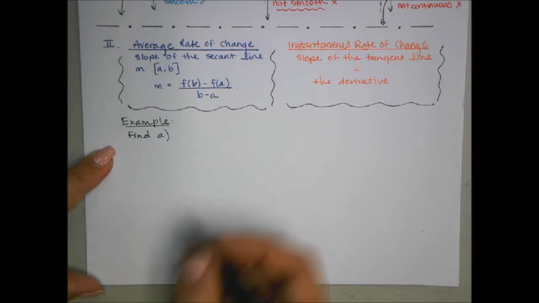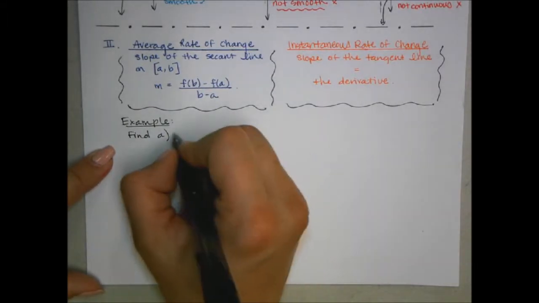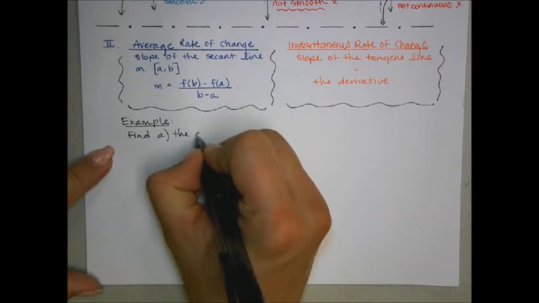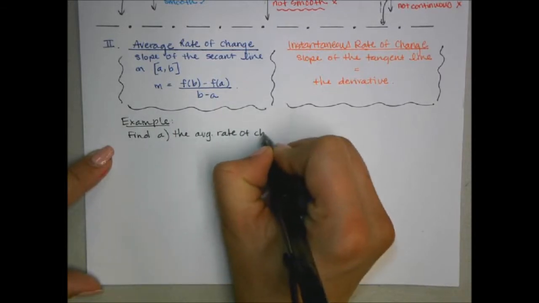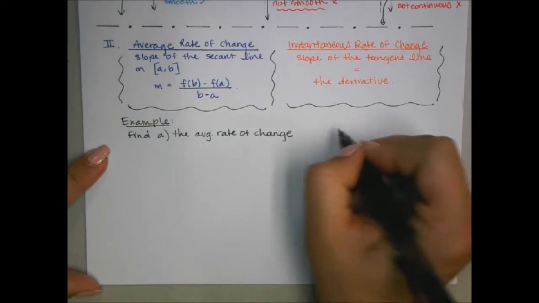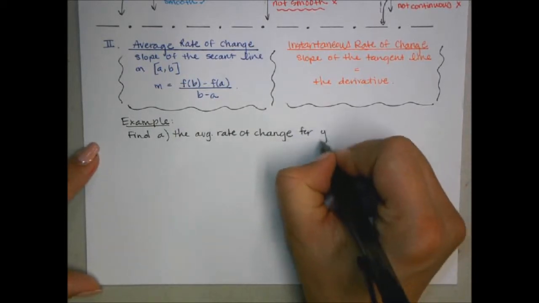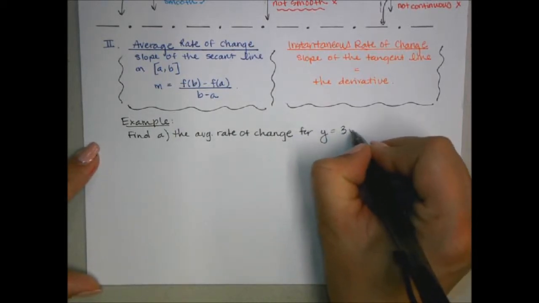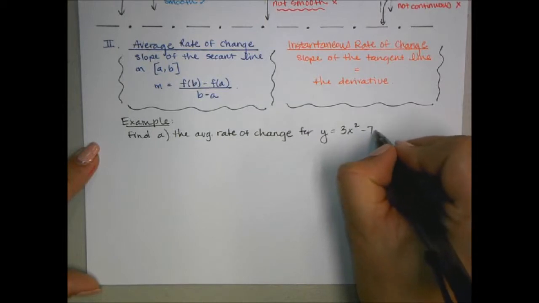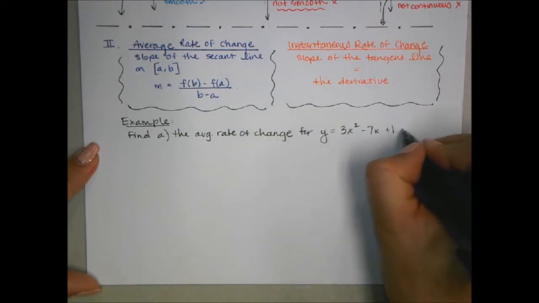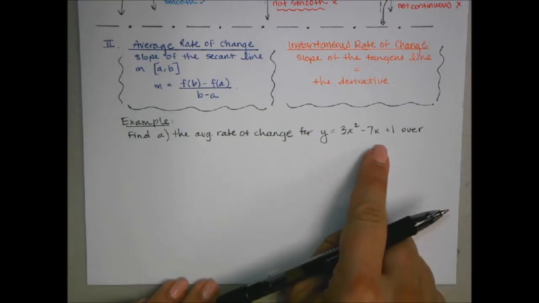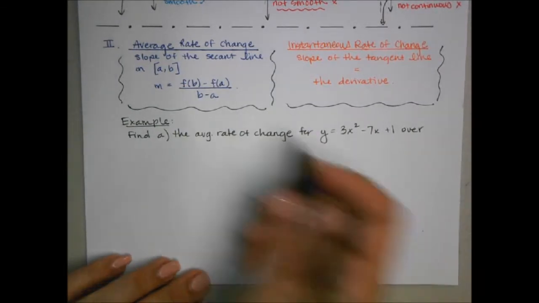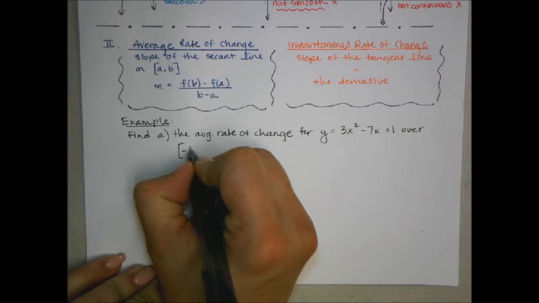So starting with the average rate of change of the function 3x squared minus 7x plus 1 on the interval -1, 2.